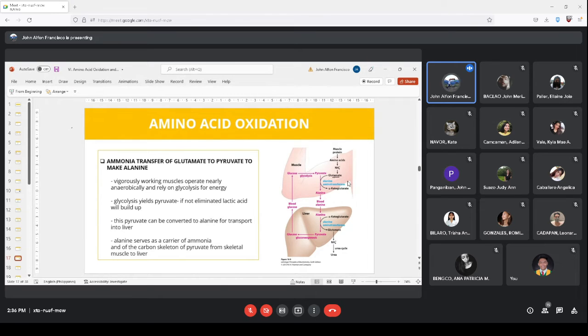Ayan. And yeah. And you transfer your amino group to your pyruvate to form alanine, and this alanine can enter the liver para mag-undergo naman ng transamination with alpha-ketoglutarate in the liver, and it will build a cycle.